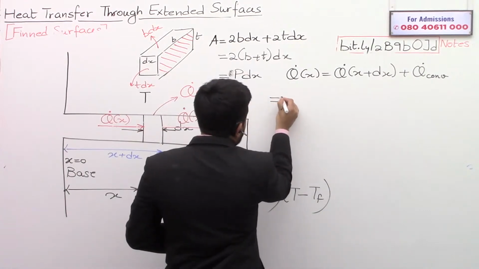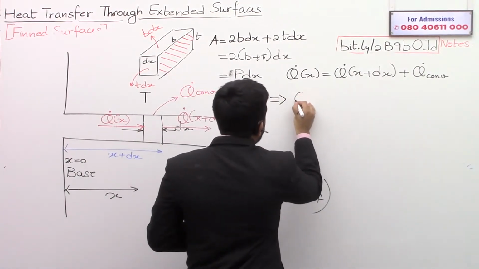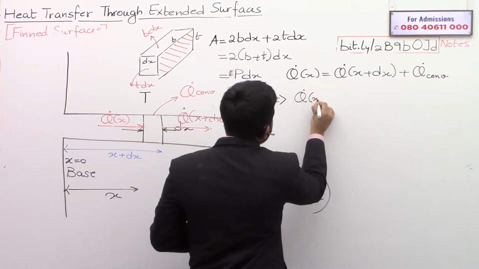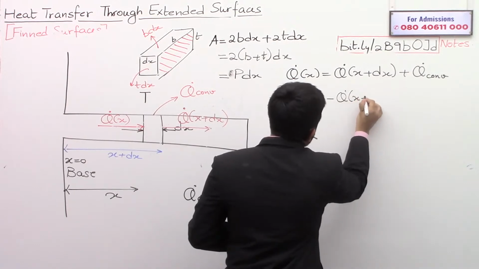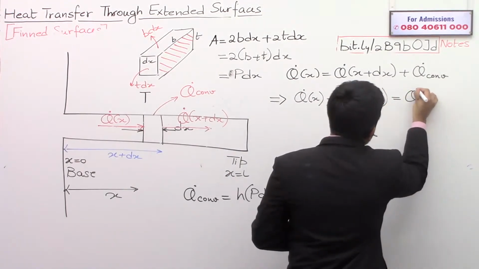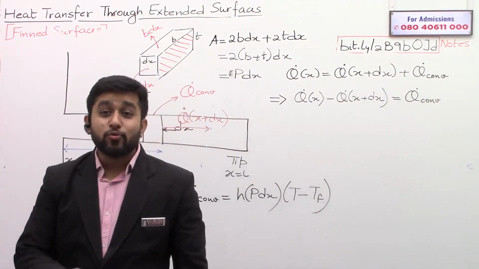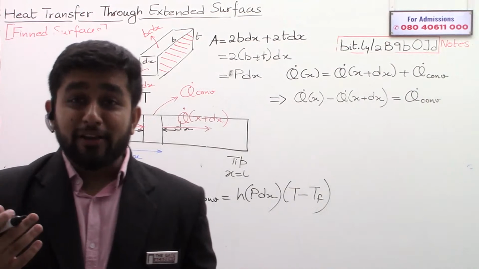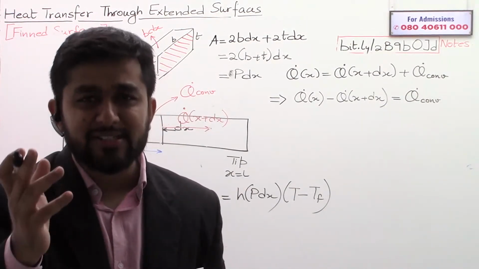Now check. Let us solve these conduction terms also. So I can write this as q dot for section x minus q dot for section x plus dx equal to q dot convection. But for q dot for section x minus q dot for section x plus dx, remember the Taylor series.